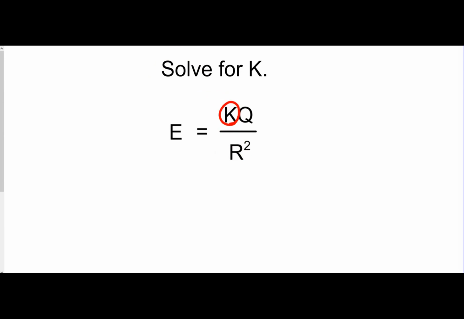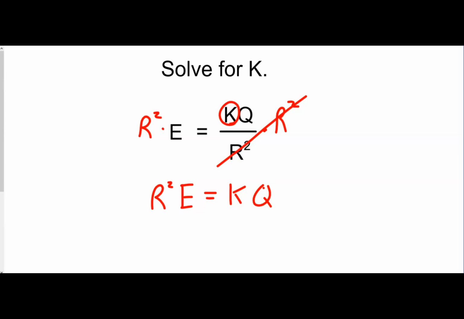Anytime you have rational equations and things like that, you want to get rid of that denominator. Okay? Because no one likes working with fractions. So what's our LCD? Our LCD is r squared. Everyone's getting multiplied by r squared. So we know that those r squareds cancel. And that leaves us with r squared E equal to KQ.